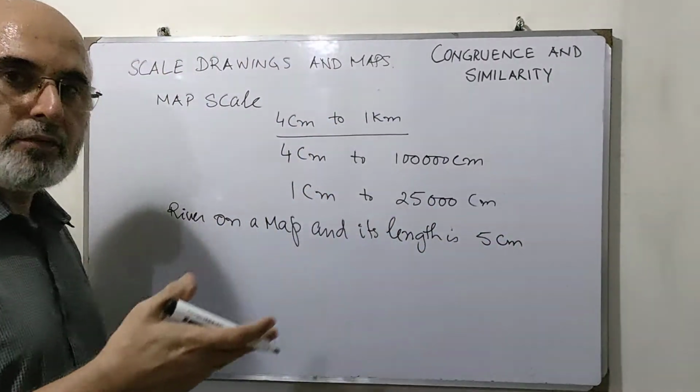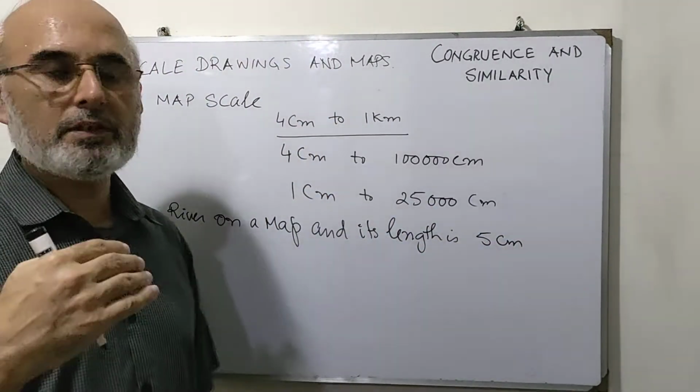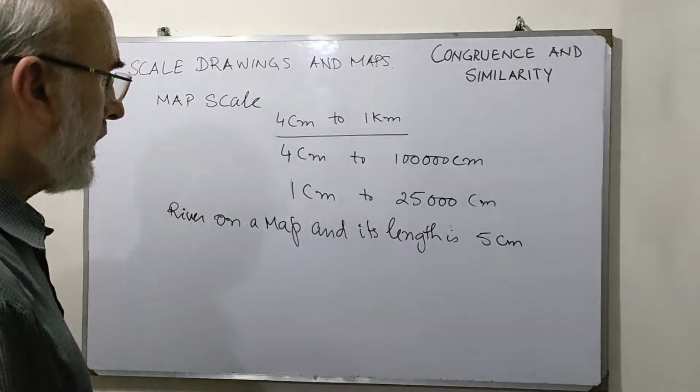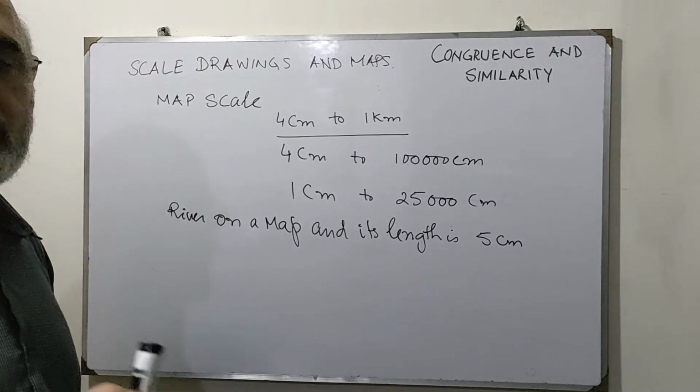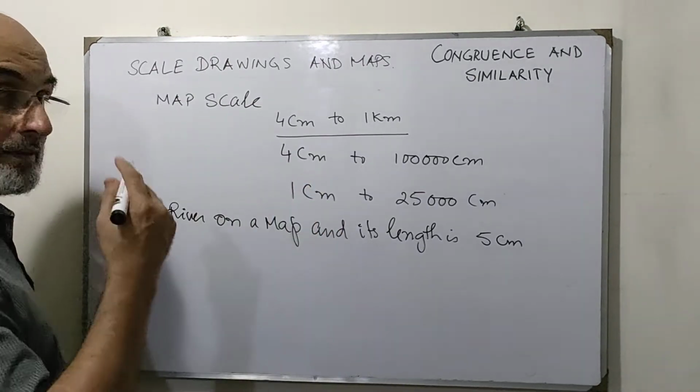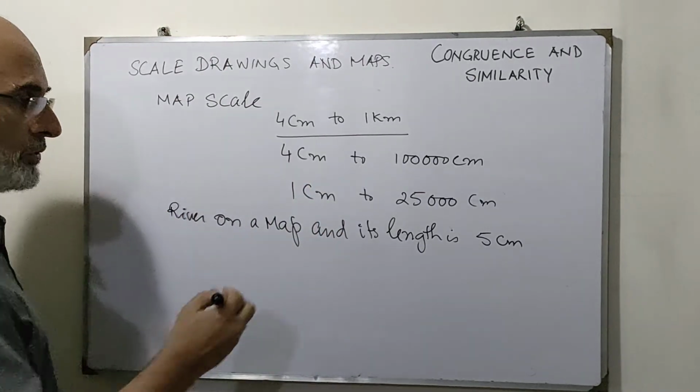If the river on the map is 5 centimeters long, what is the length of the river in actual?